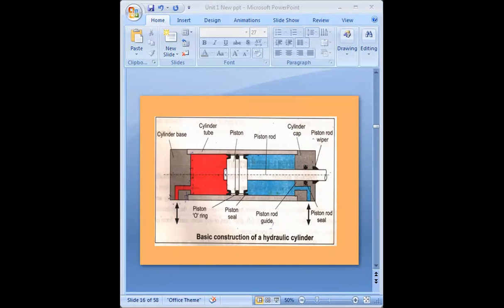Remaining students, please just say yes or no. If you say yes, I can go to the next point. If you say no, then I can repeat once again, no problem. Hurry up, please draw the diagram, be fast. After this diagram, we'll go for the classification of the hydraulic cylinder, and then one by one, we'll go for the single acting and double acting cylinder. Be fast.